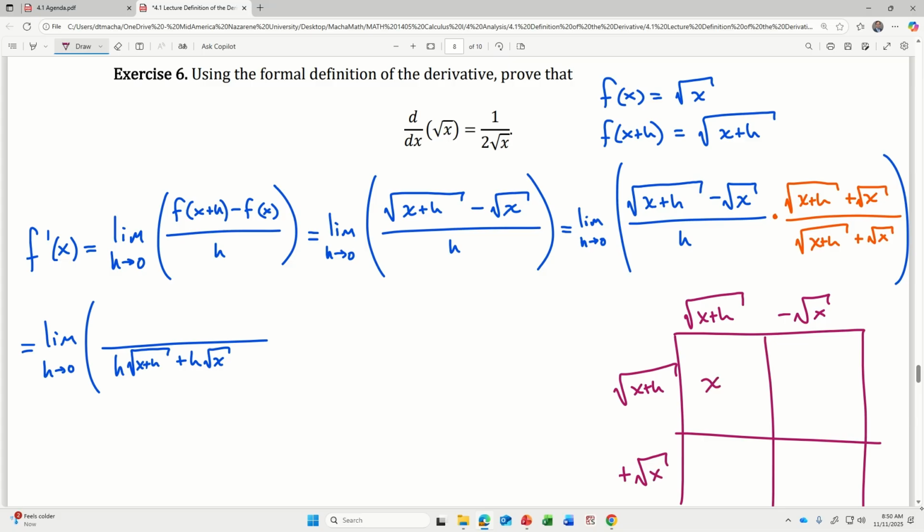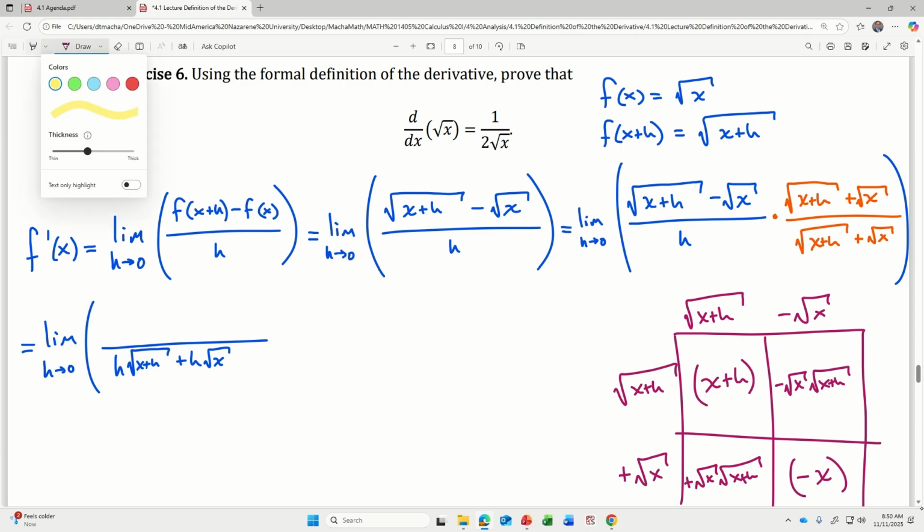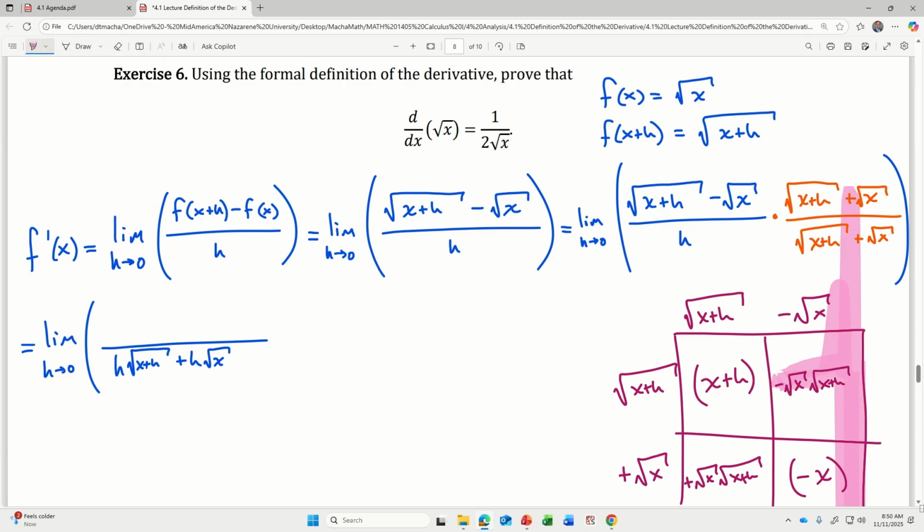So this is going to be x plus h, right? This is going to be negative square root of x, square root of x plus h. This is going to be positive square root of x, square root of x plus h. And this is going to be negative x. So hopefully you can see that these are going to cancel.